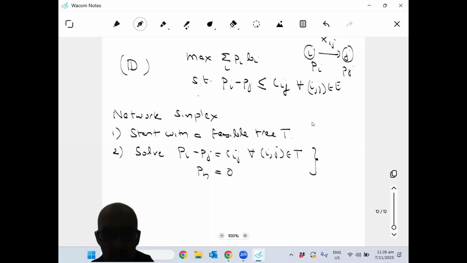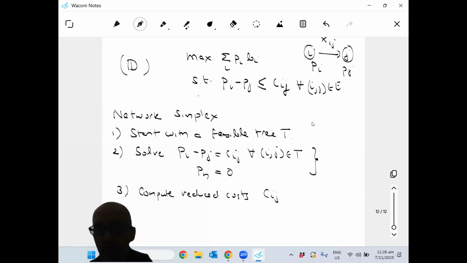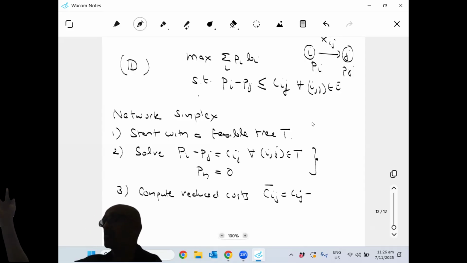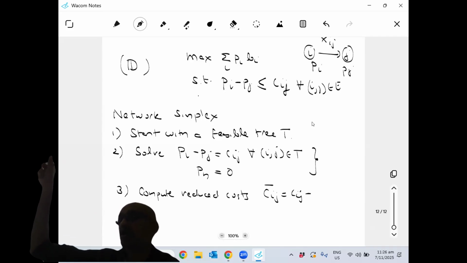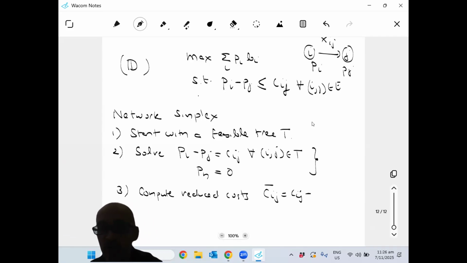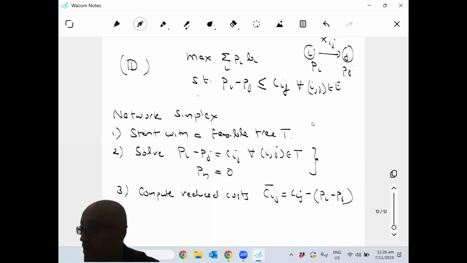Okay. Next, you compute reduced costs. What is reduced cost? Cij minus Cb transpose B inverse Aj, but that is basically the dual variable times Aj. The dual variables are given here. So just minus essentially, and any column has 1 and minus 1, so it will be minus Pi minus Pj basically.